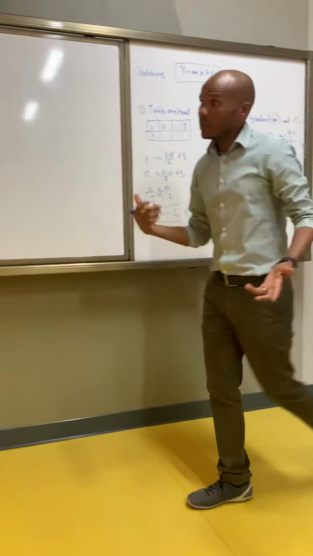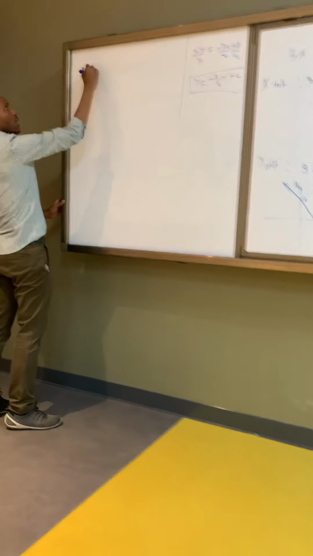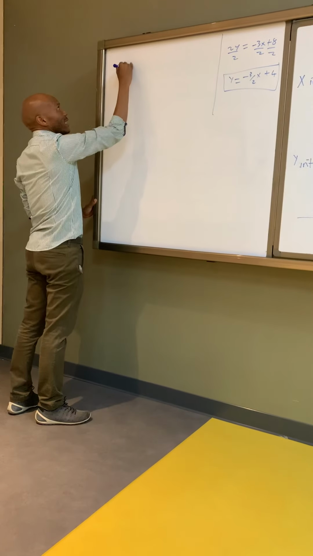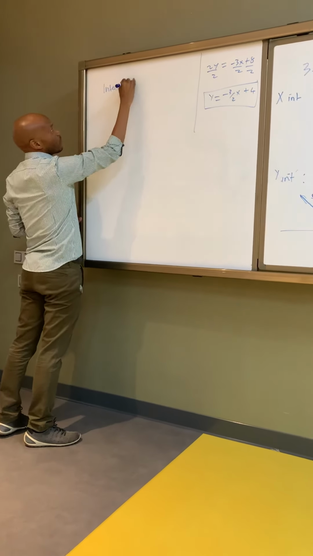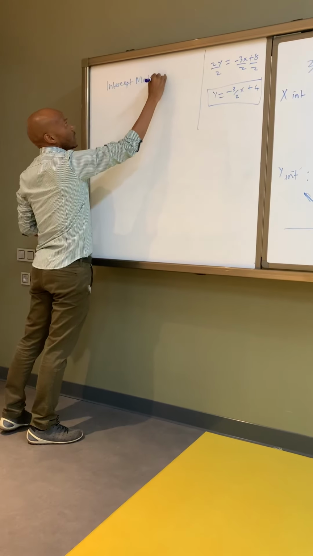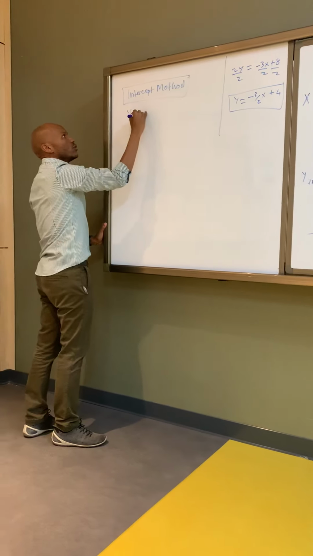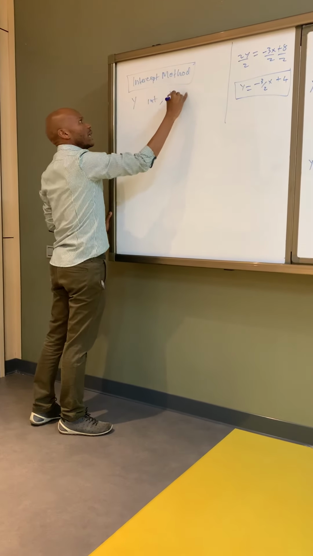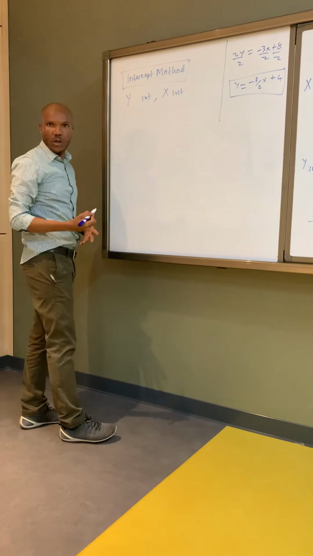And the second part I wanted to talk about is, now we're sketching a straight line using the intercept method. The intercept method, you need to find what the y-intercept is and what the x-intercept is, and then you just plot your graph.